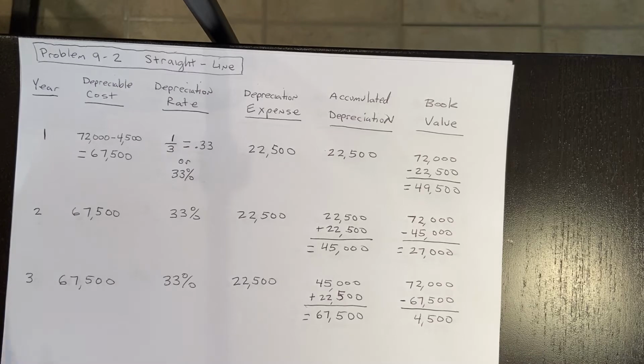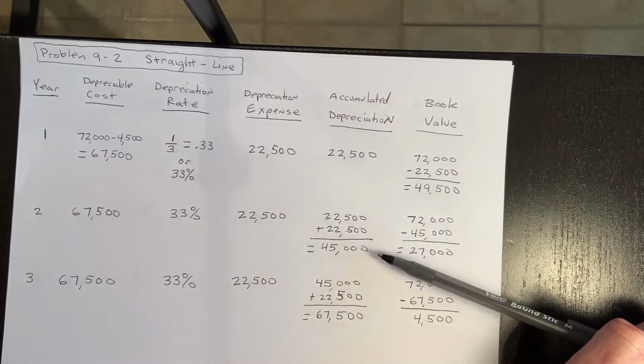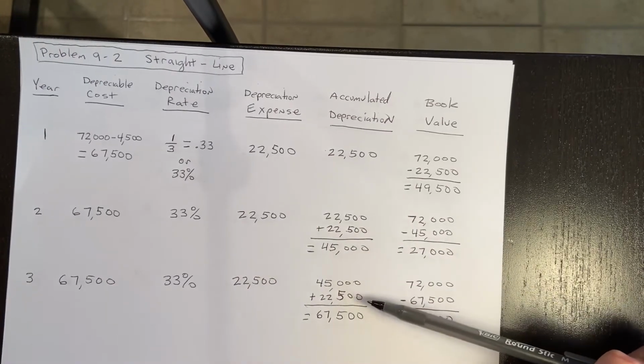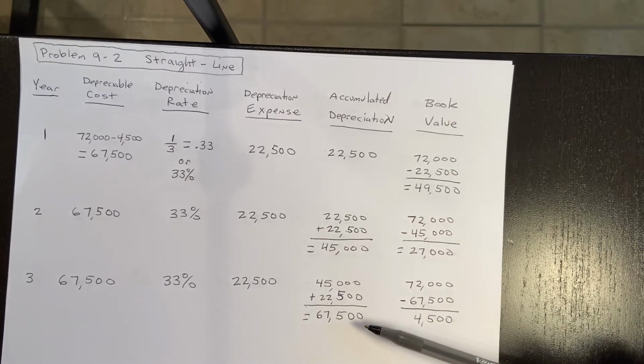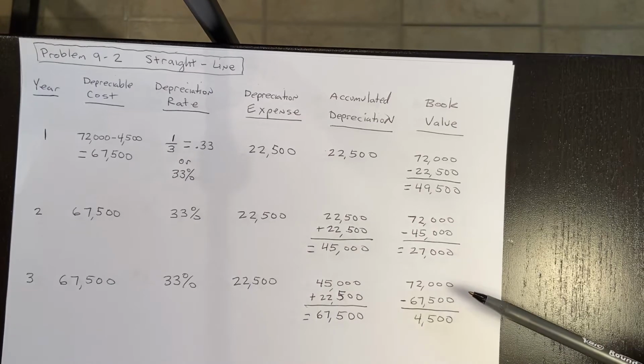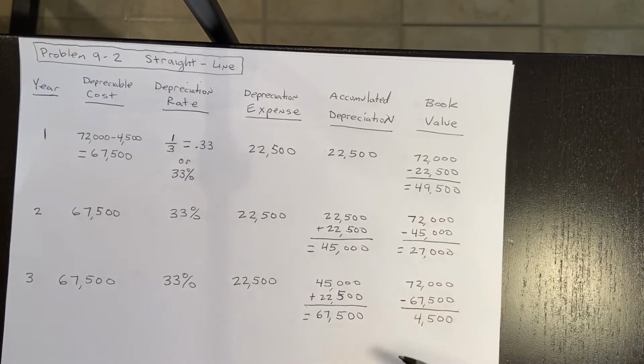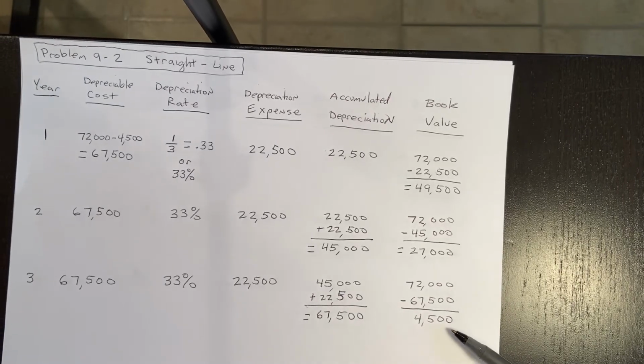And then the last year, again all the same numbers. The only thing that changes is this. Why? Because you had 45,000 in accumulated depreciation, and you add another 22,500. That brings you up to 67,500. Cost minus the accumulated depreciation gives you 4,500, which is not coincidentally the residual value.